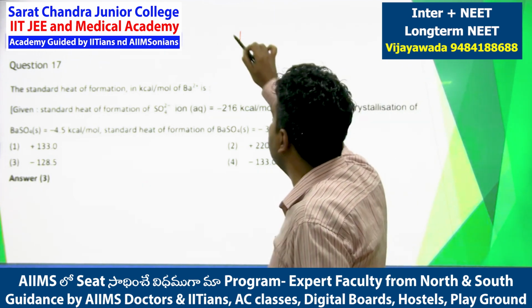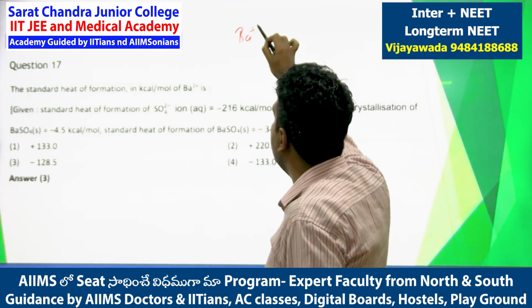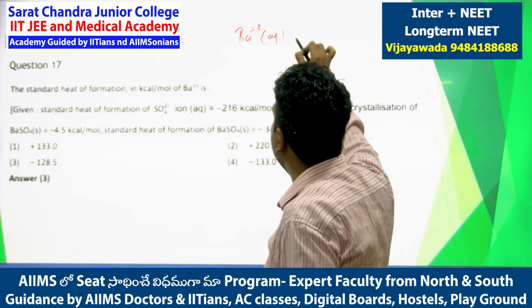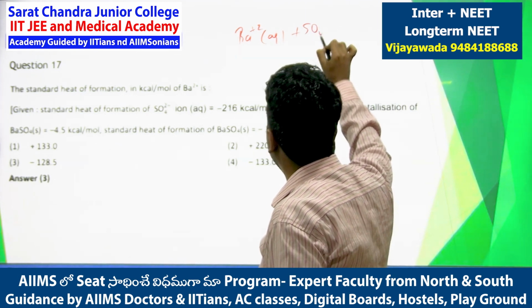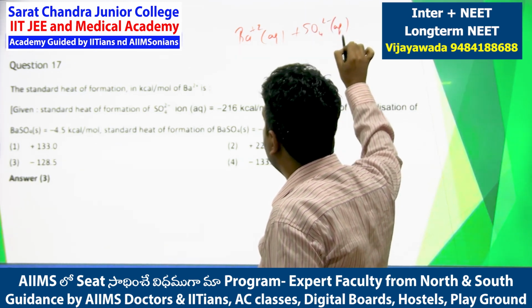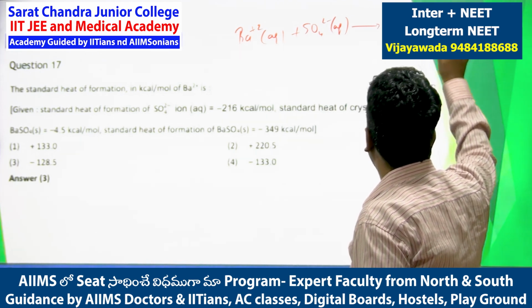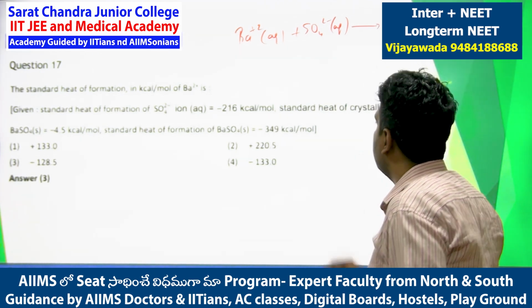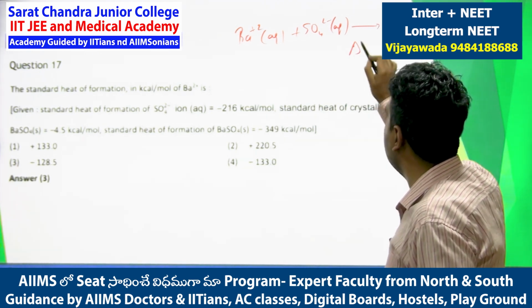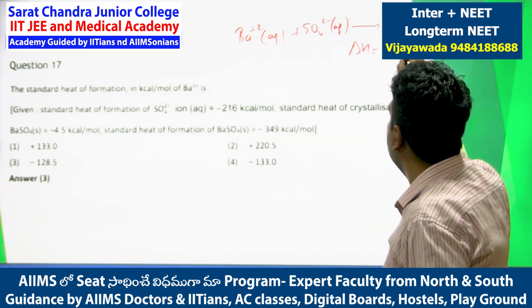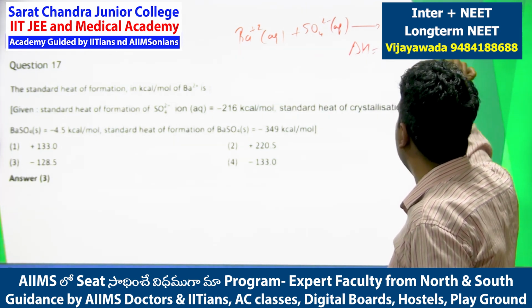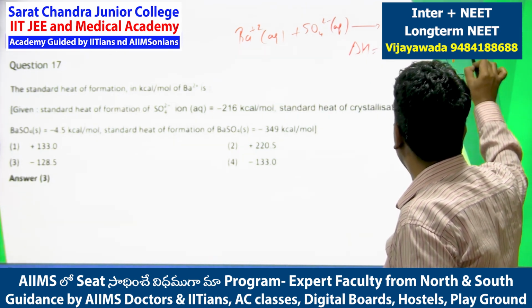So what is crystallization? When the barium plus 2 ion and the sulfate ion crystallize to give barium sulfate, the enthalpy of this reaction is the standard heat of crystallization, which is given as minus 4.5 kilocalories per mole.